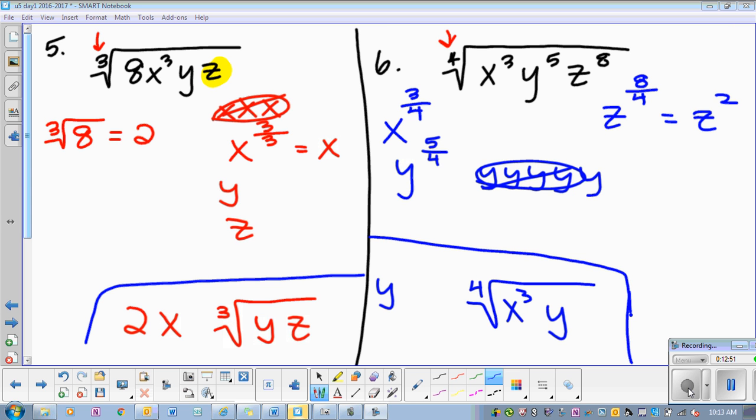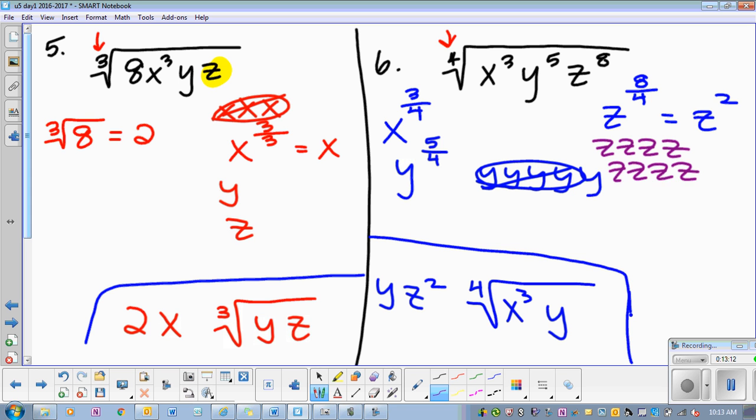If I have 8 z's, how many groups of 4 can I make? 2. Do I have any left over? No. Does this make sense? So, I mean, you could even just write it all out if you wanted to. 4, 5, 6, 7, 8. There's 1, and here's another one, right? It's 2 perfect groups. Any questions about that?